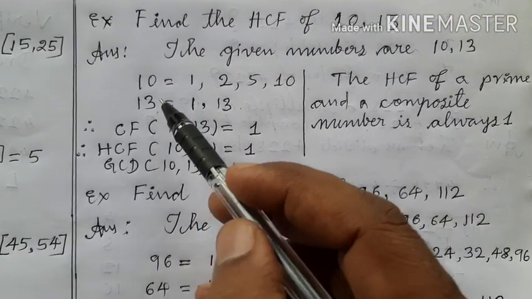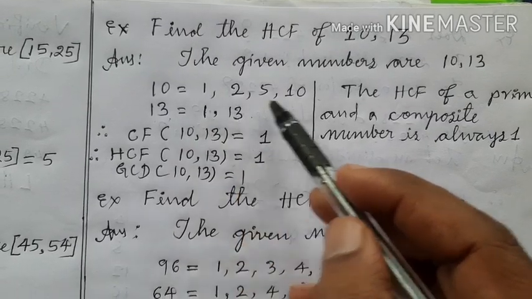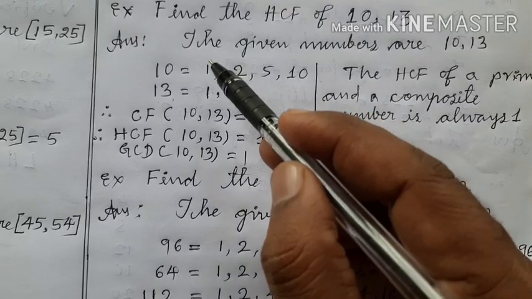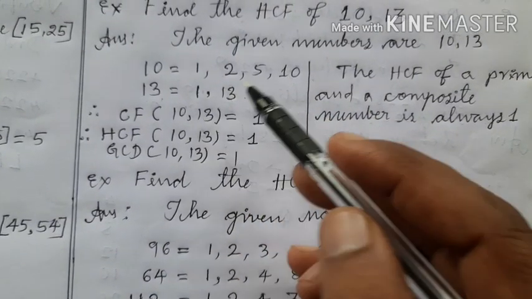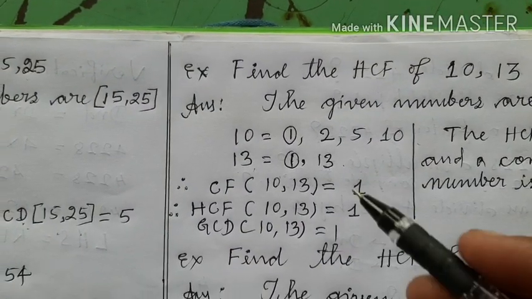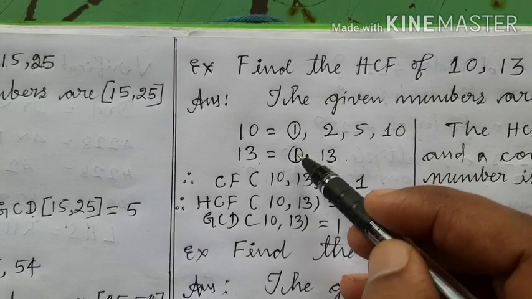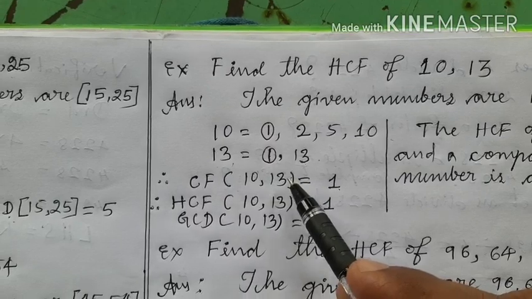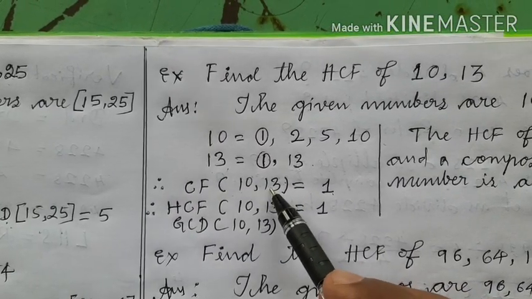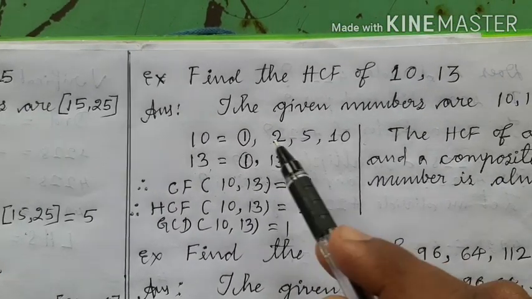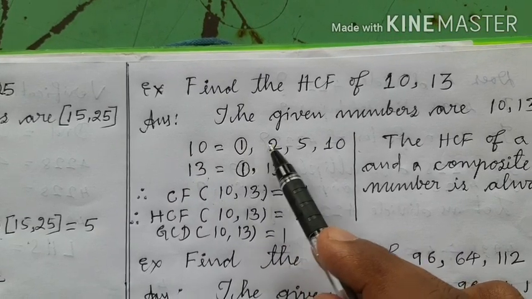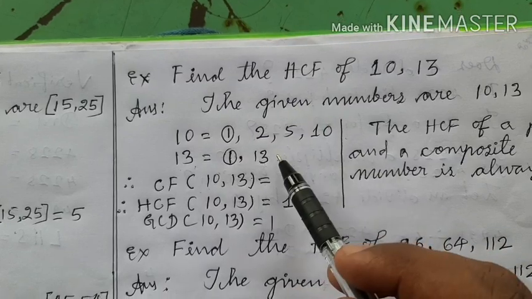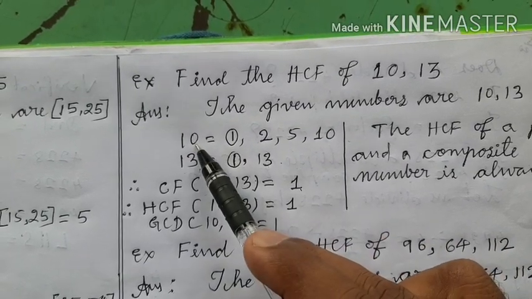Okay. Now, children, you have listed the factors of 10 and factors of 13. Now, you select the common factors of 10 and 13. Okay. See here, children. 1 is the only common factor of 10 and 13. So, the common factor of 10 and 13 is equal to 1. See here, in the list of factors of 10 and factors of 13, do you find any common factor? 2 is a factor of 10 only.